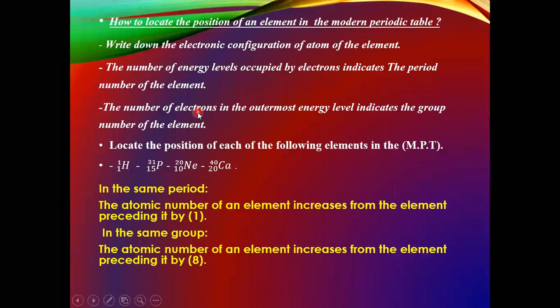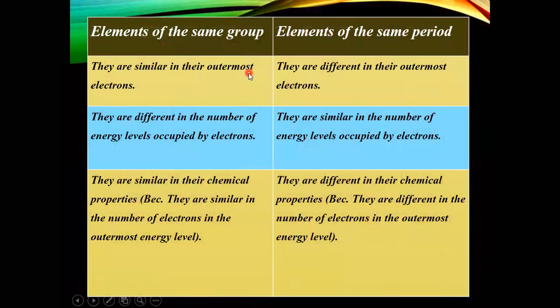تعالوا نشوف حاجة تانية إزاي بقى نعمل اللوكيشن بتاع أي element. المعلومات اللازمة إيه هي؟ Elements of the same group, elements in the same period. لو حبينا نعمل comparison between them before how to decide the location لازم نعرف شوية المعلومات دي.